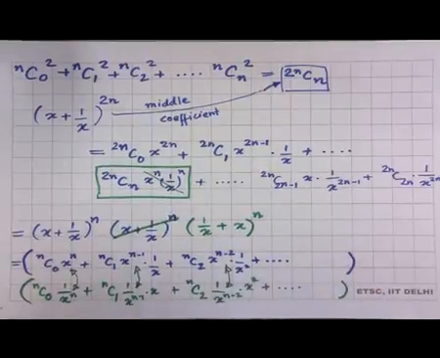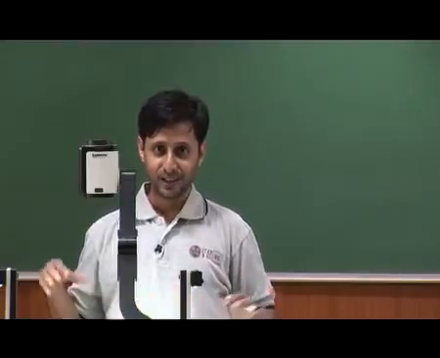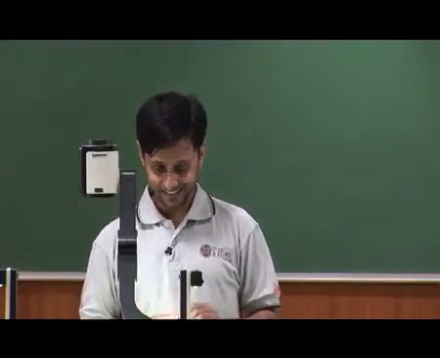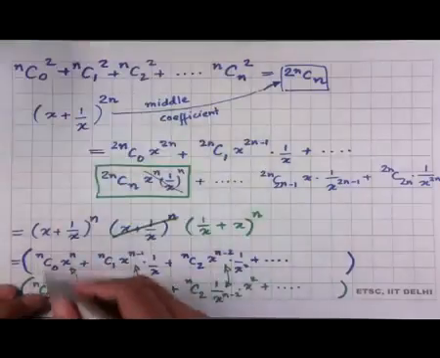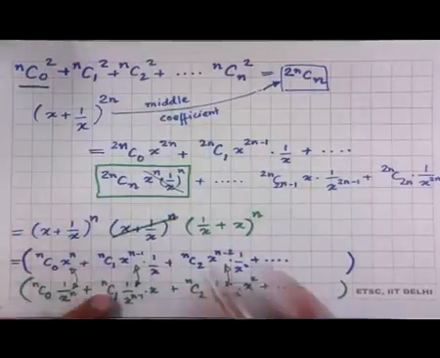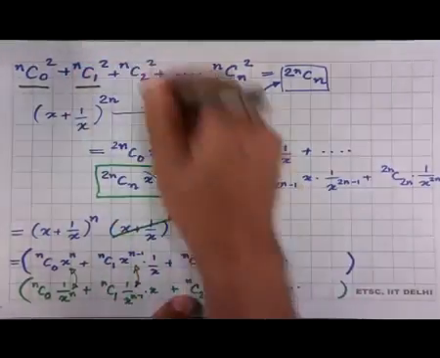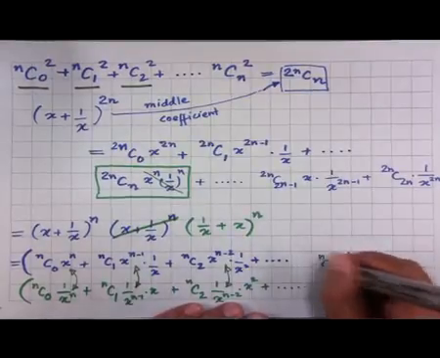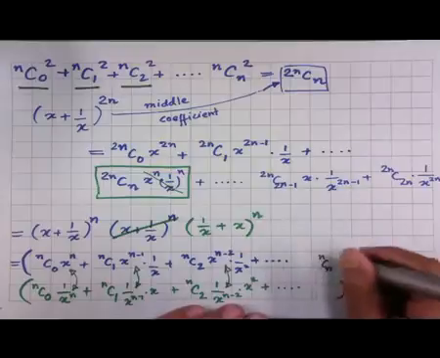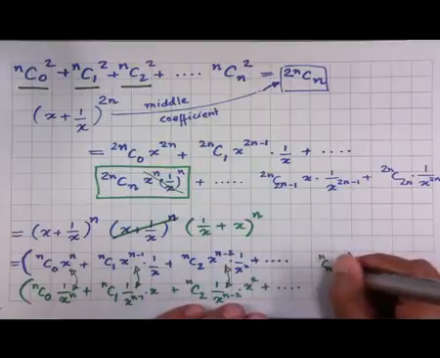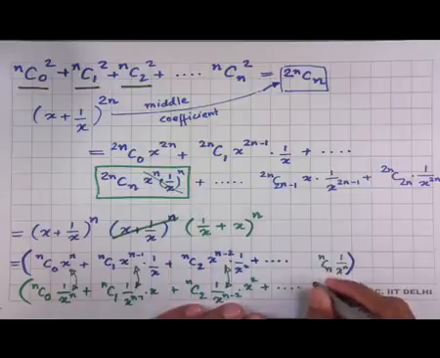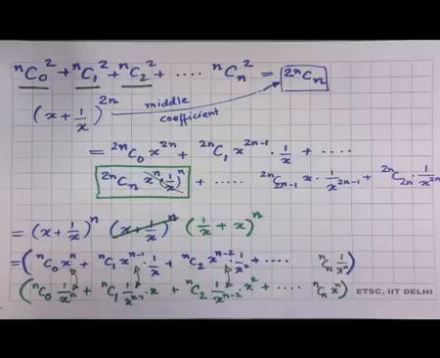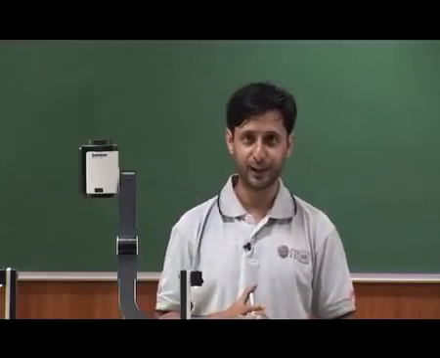And clearly, therefore, the term which is independent of x is nothing but NC0 squared plus NC1 squared plus NC2 squared dot dot dot all the way till NCn 1 by x power n and NCn x power n. That is what was there. Okay. So, NCn squared, and therefore, I have proved it.